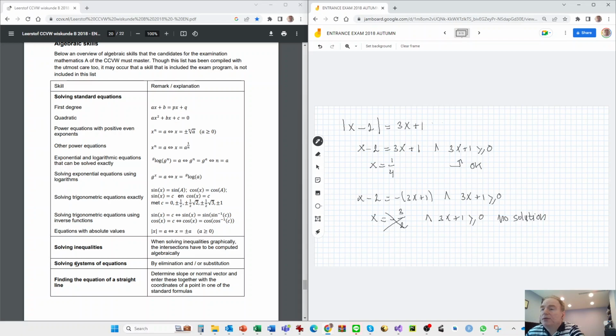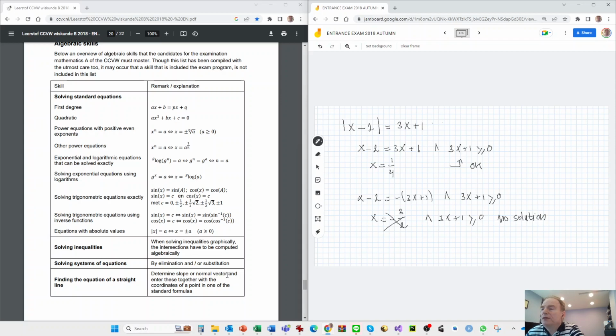Then you need to be able to solve systems of equations by either elimination or substitution. And finally, finding the equation of a straight line. Well, you determine the slope of it, or a normal vector.